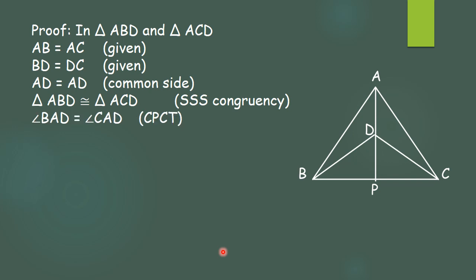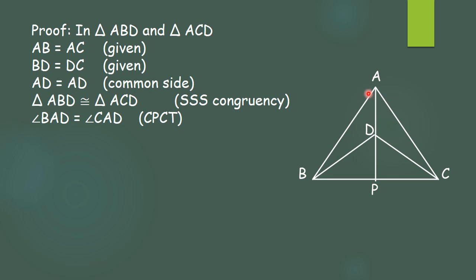Since the triangles are congruent, what can we write? Angle BAD will be equal to angle CAD, as these two angles are equal by CPCT. Now, as the angles are equal, what can we say? Because of this line AP or AD, this angle is divided into two parts.